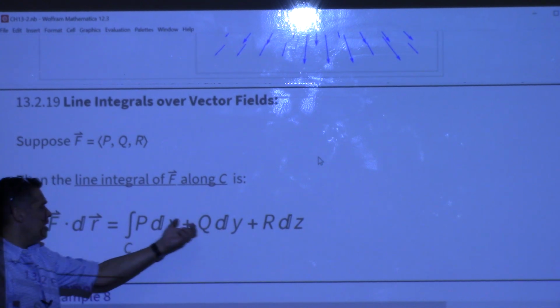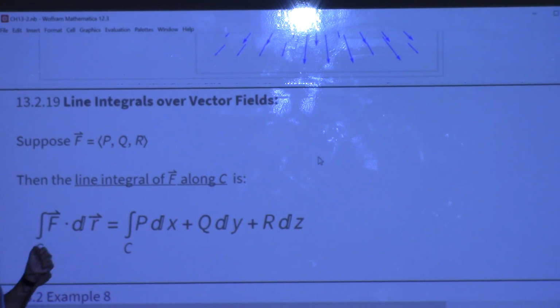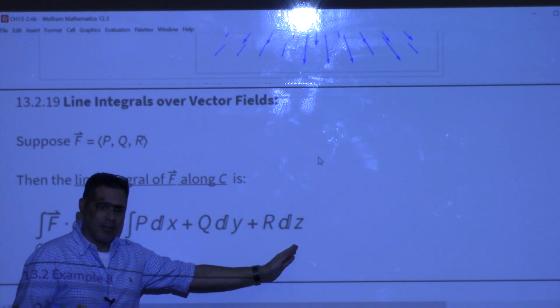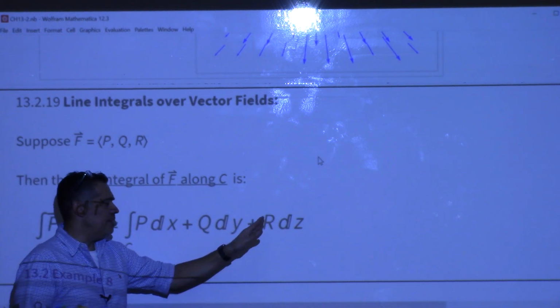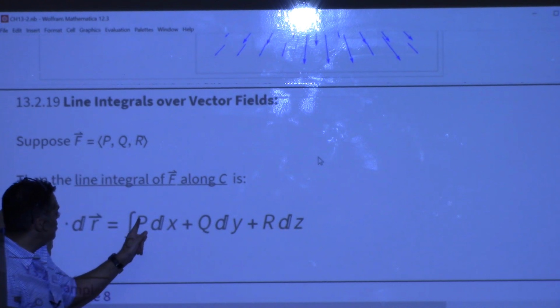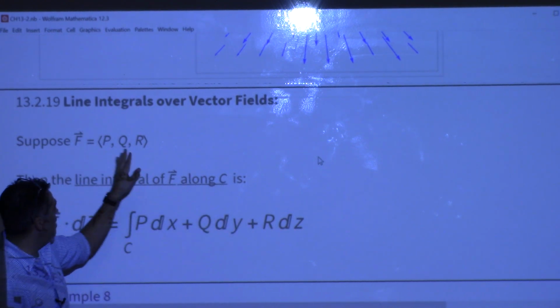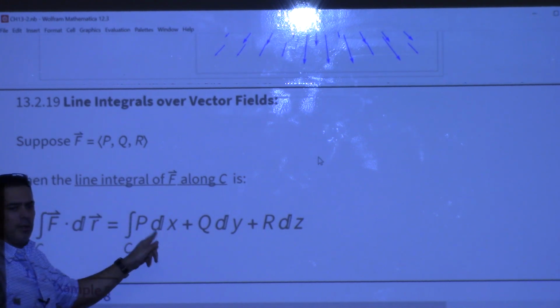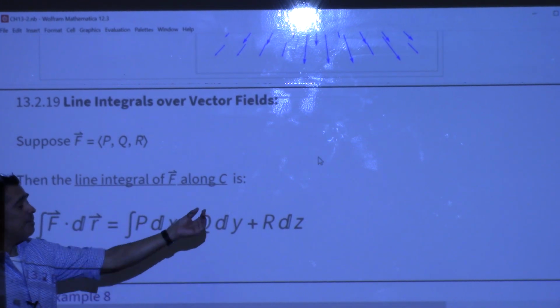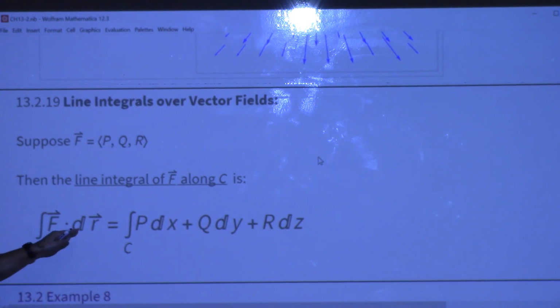And this is the connection between the two. So the equivalent thing you could do is these 3 line integrals: the first one with respect to x, then y, then z. You're taking the 3 component functions of this vector field and evaluating those along the curve with respect to x, y, and z respectively and adding up those answers. All right? We won't use this right away. We'll use this later, but this is where it appears in the chapter.